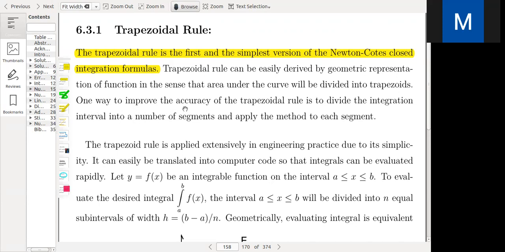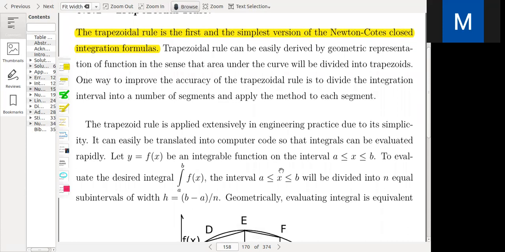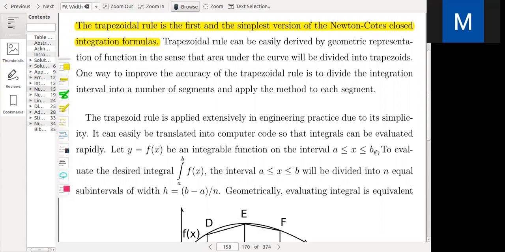One way to improve the accuracy of the trapezoidal rule is to divide the integration interval into a number of segments and apply the method to each segment. The trapezoidal rule is applied extensively in engineering practice due to its simplicity. It can easily be translated into computer code so that integrals can be evaluated rapidly.